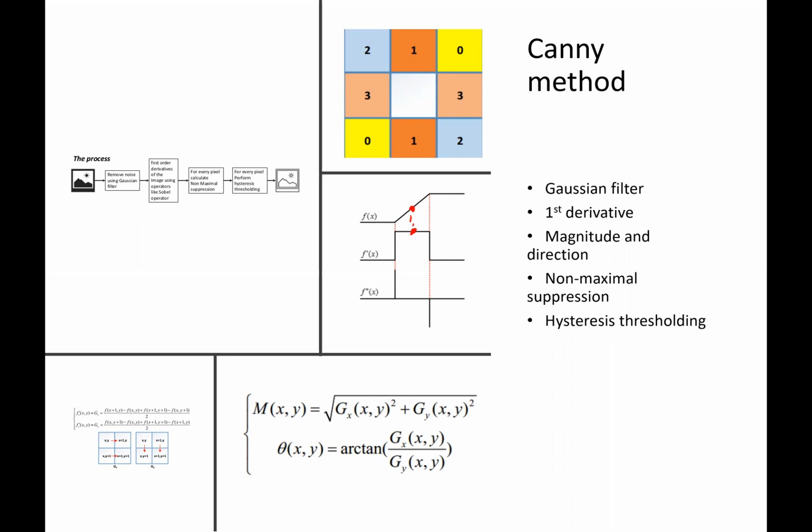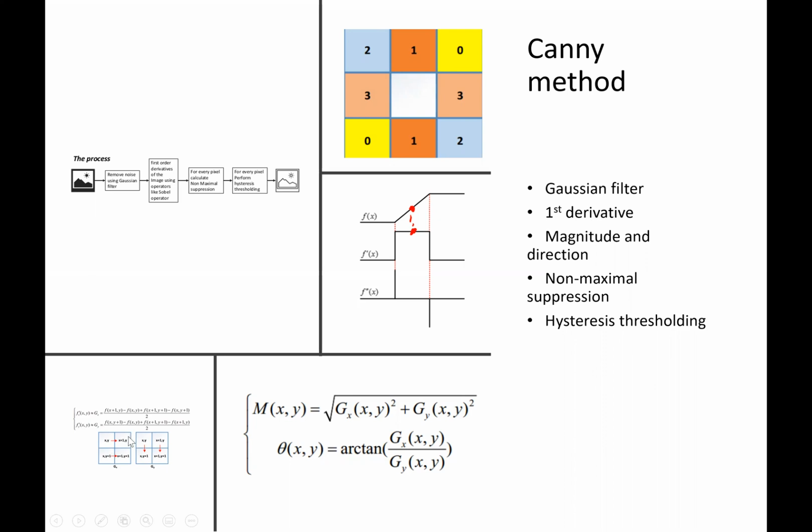Now I take a 2x2 matrix first derivative as an example. Because an image is a 2D array, we need to include a horizontal derivative and also a vertical derivative. So gx, the gradient in x, is the horizontal derivative.